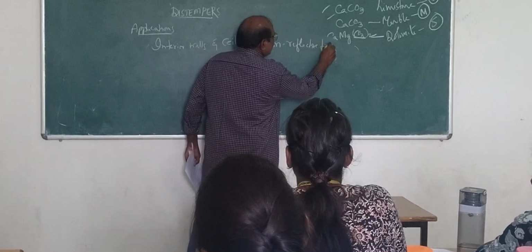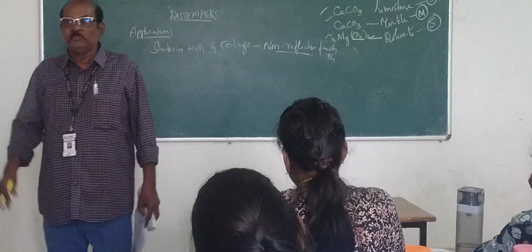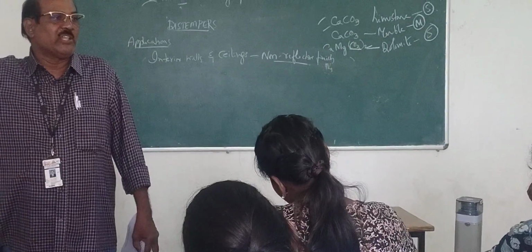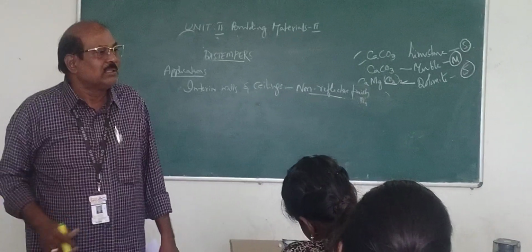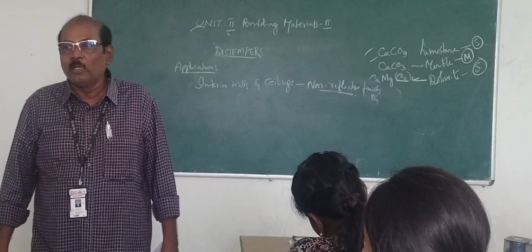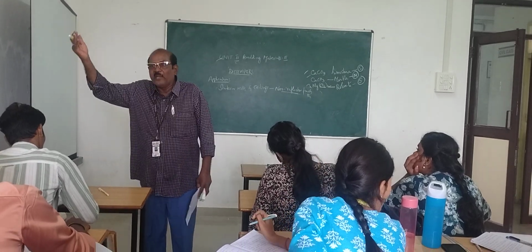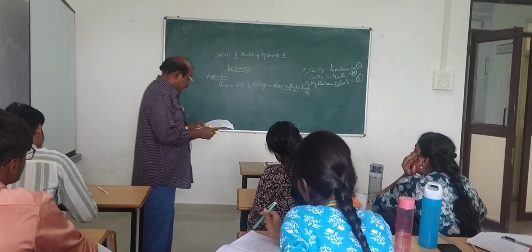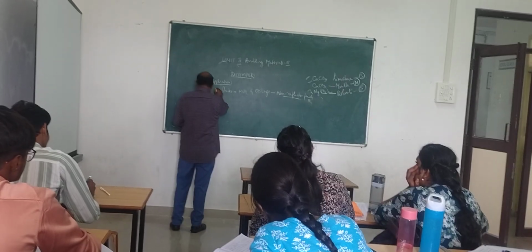What is the meaning of this? Non-reflective. It will not give any shining, just the color appearance. That means nobody likes it. But there are poor people who are not in a position to afford paints. They go for distemper. Okay, this is one application.